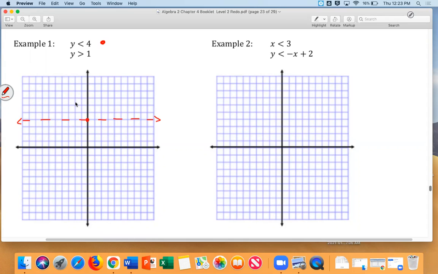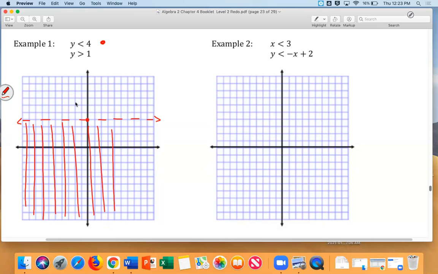And it says y is less than, which is below. I'm shading below. I like to shade like this so that you'll see my answer is going to be this waffled area.